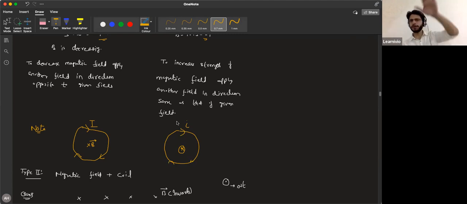So when we use the right-hand thumb rule in Lenz's law, the direction of magnetic field will be known and you're supposed to decide the direction of current.